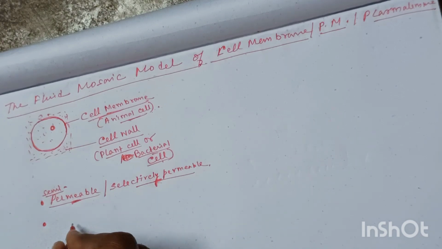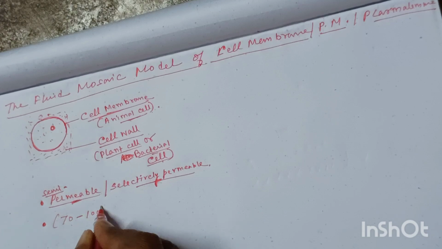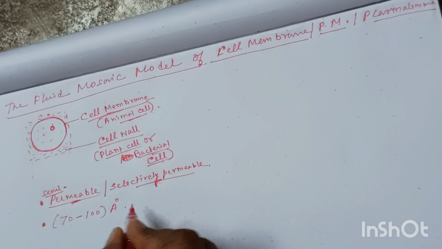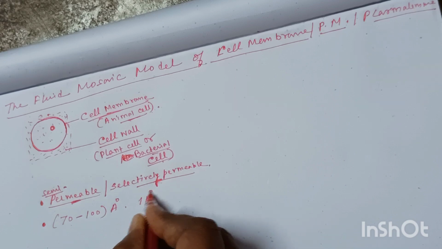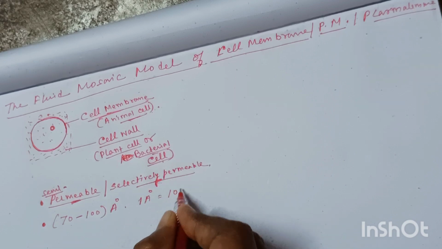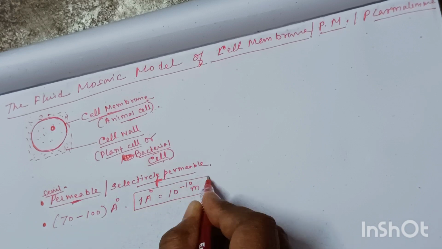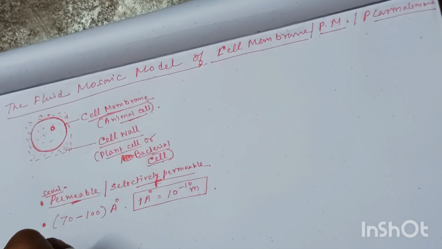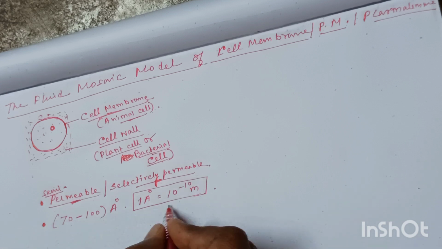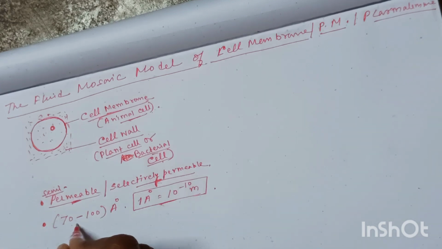Its thickness remains within 70 to 100 angstrom. Now for your idea, 1 angstrom is 10 to the power minus 10 meter. So you can easily imagine the actual thickness of a cell membrane.